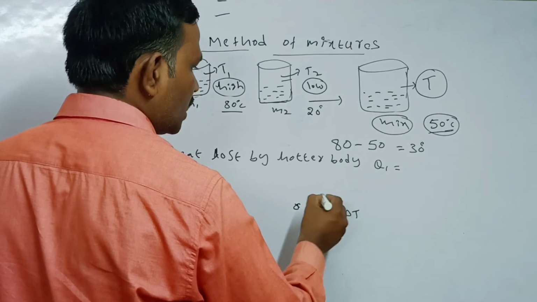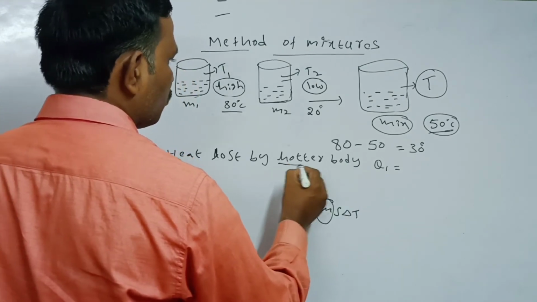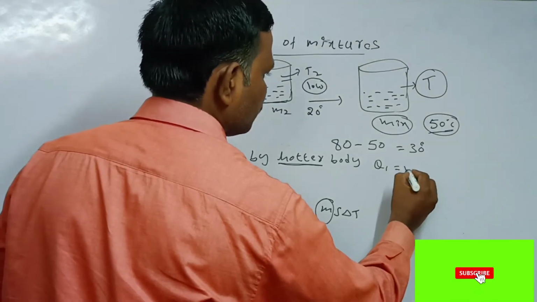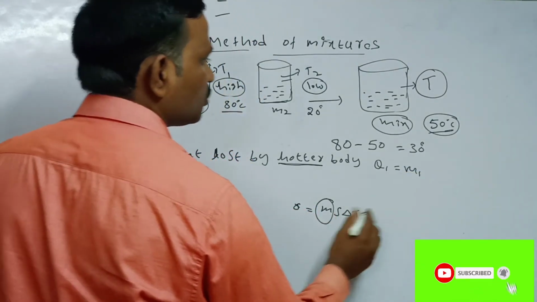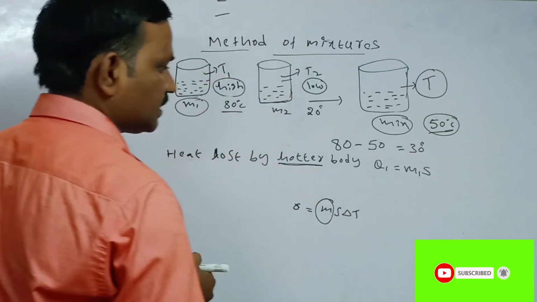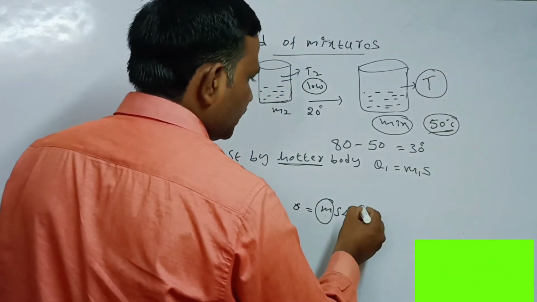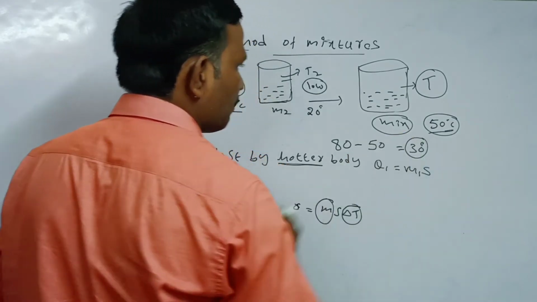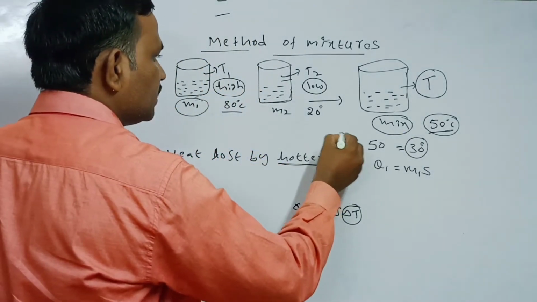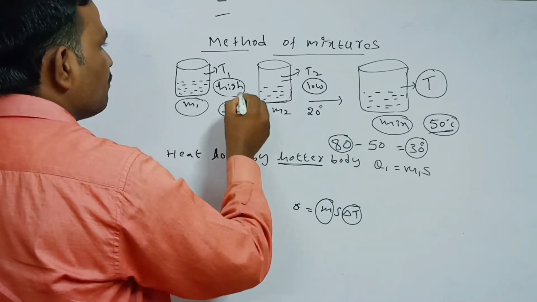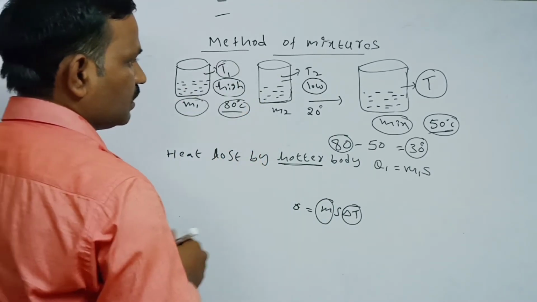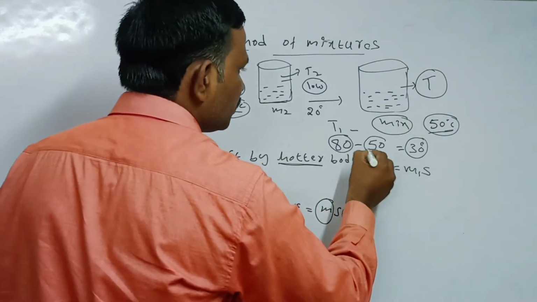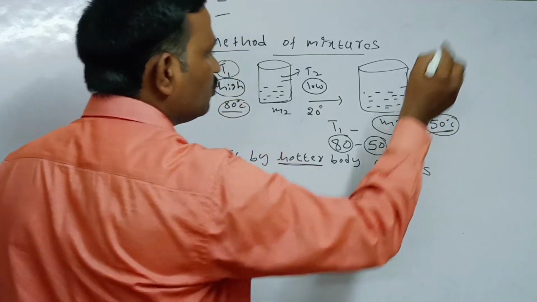Here m means mass, the mass of hotter body, which is M1. Here S means specific heat. Next, change in temperature. How can we get the change in temperature? 80 degrees Celsius is the temperature of the hotter body, that means T1, minus 50, the temperature of the mixture.